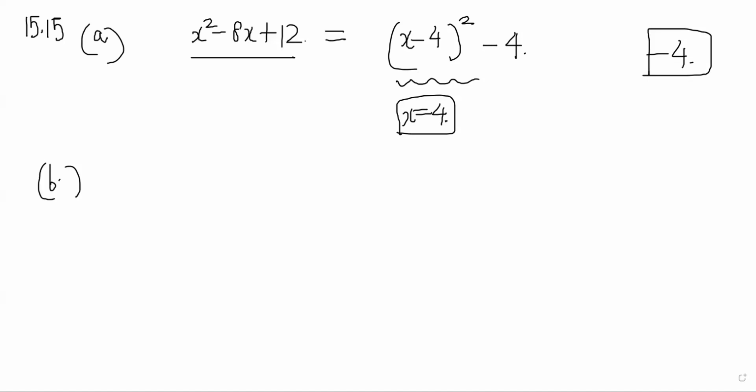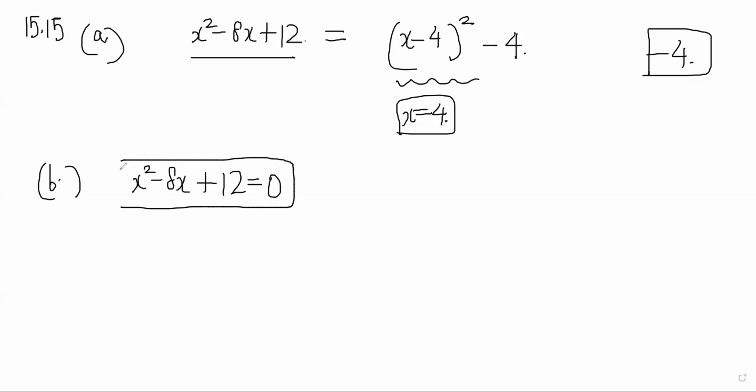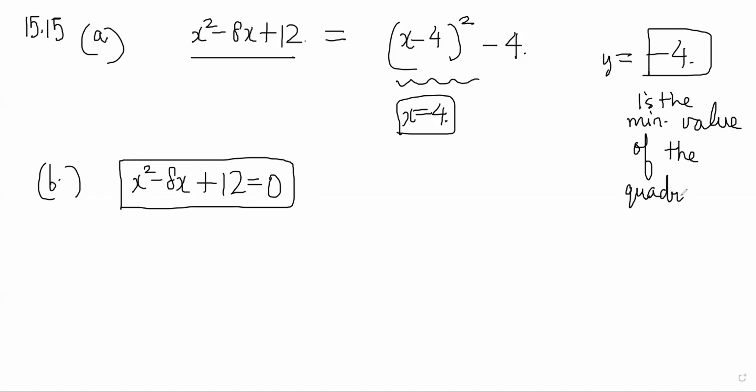Find the roots of this equation. Okay. Roots of the same equation, x square minus 8x plus 12 equal to 0. I got 6 and 2 as the roots.